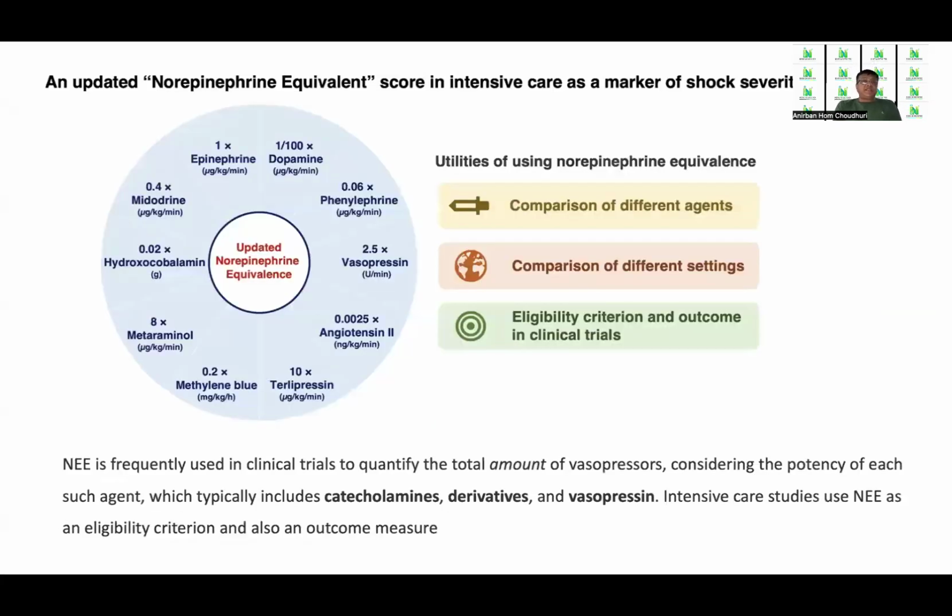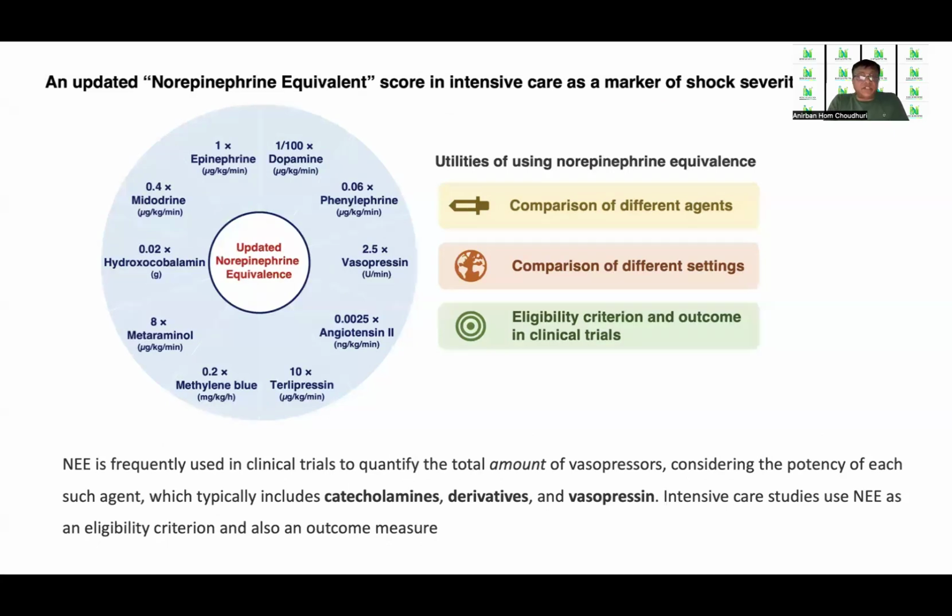So much so that there is an updated norepinephrine equivalent score in intensive care, which is used as a marker of shock severity, and it can be used for comparison of the different agents in different settings, and also for eligibility criteria and outcome in the clinical trials.